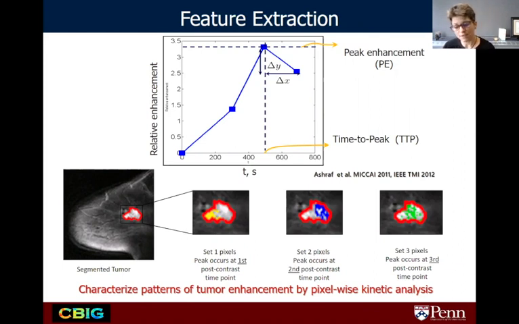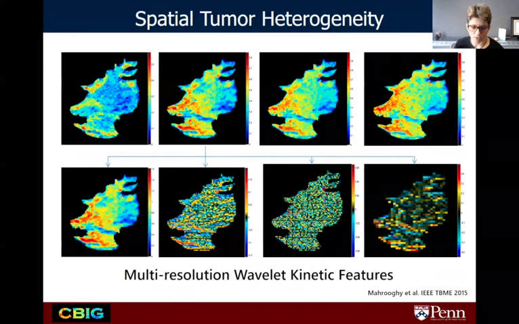And the pixels, on the other hand, that tend to have the time to peak at time point 3 are the ones that uptake the contrast agent more slowly. So those may be related to lower angiogenesis and lower proliferation potentially. But you can see how this type of measurement can start giving us a sense of the different areas of the tumor that may be behaving in a homogeneous fashion, and ultimately giving us some information about the heterogeneity.